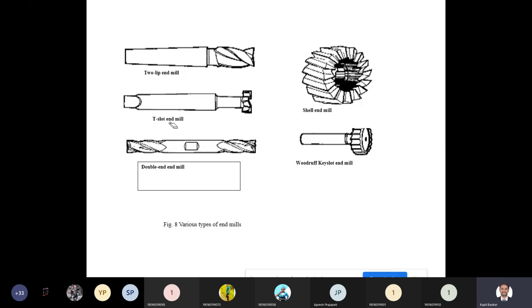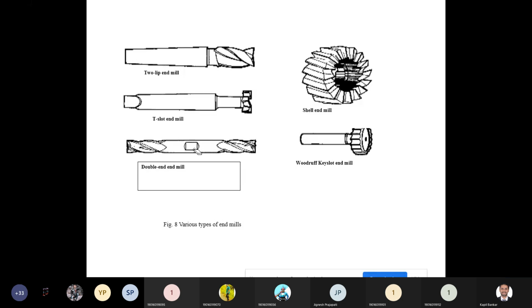Because of the T slot you can mount your workpiece on the table with nut and bolt. The T type bolt can be fitted into that slot, and on the top side you can fix the nut, and using that mechanism you can fix your workpiece on the table. So always in these types of milling machines you can observe that T slots are there on the table, and with the help of these T slots you can fix your workpiece. So this is called the T slot end mill.